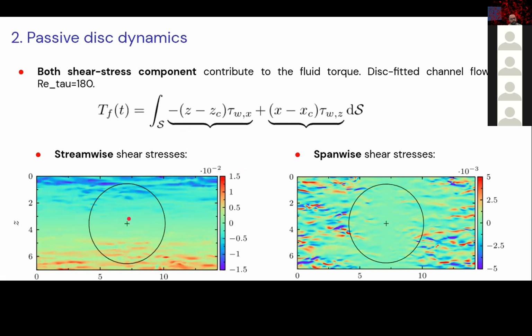So the further you go from the center, the stronger the contribution to the torque is. Obviously, the long-term average is 0. So what actually happens is that the oscillations are given by strong streaks at the very edge, at the farthest edge of the disks. And the streamwise shear stress contributes 2 orders of magnitude more than spanwise to the torque.